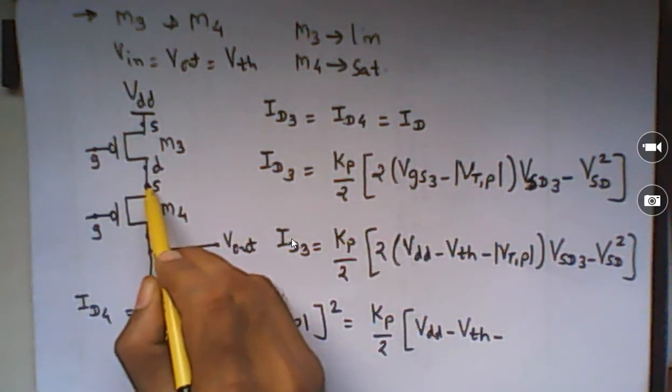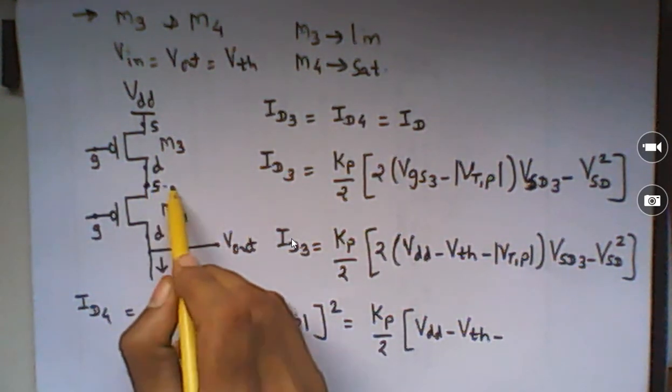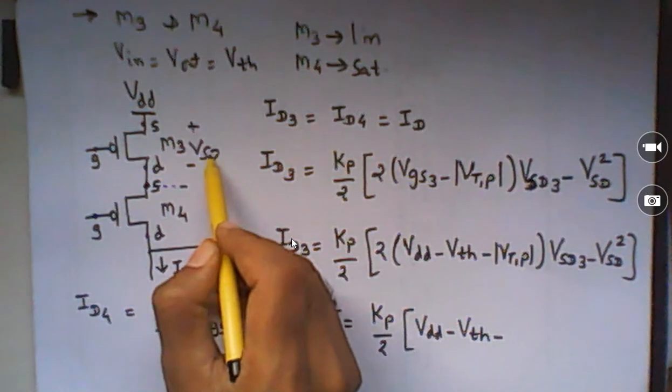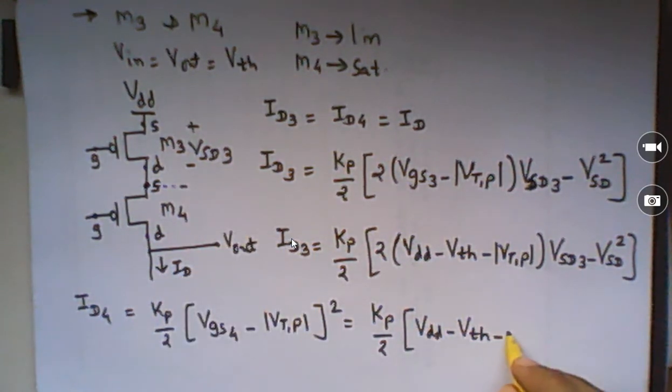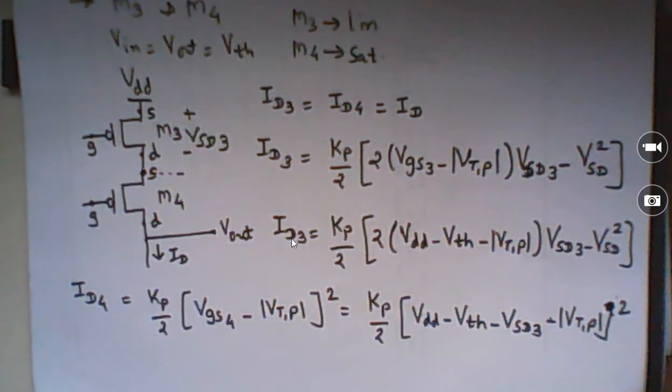The source terminal of M4 is not connected to VDD, so its voltage is VDD minus the source to drain voltage of M3. So this is the VGS, and VTP minus VTH, and minus the magnitude of VTP, squared. Right, so these are ID3 and ID4.